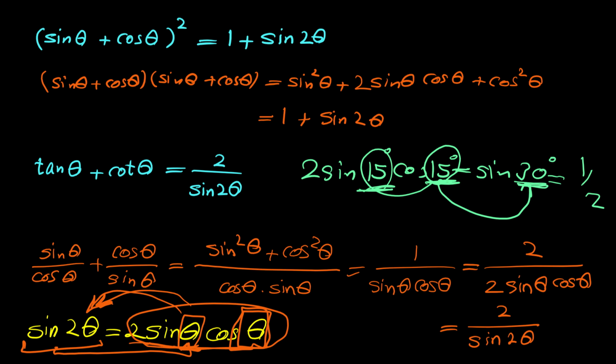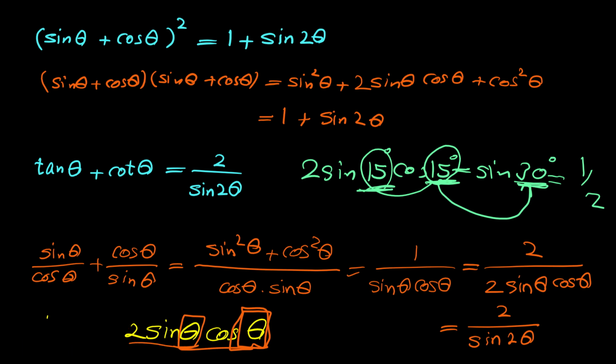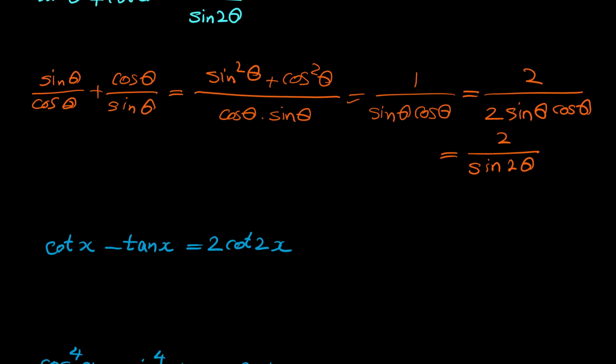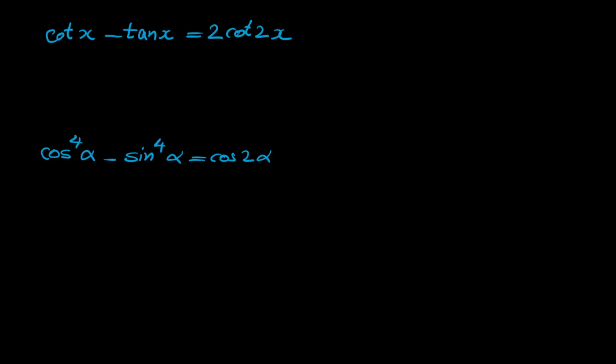And gradually, you can learn this technique better and better. And the best way for learning identities, one of the best ways definitely, is doing lots of practice with that identity. Okay, let's move to the next example.